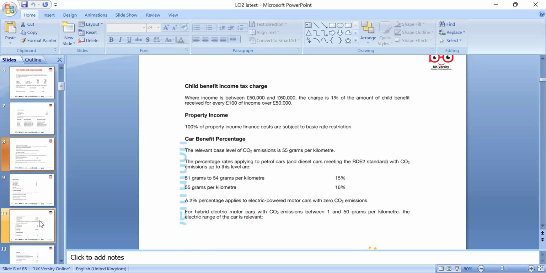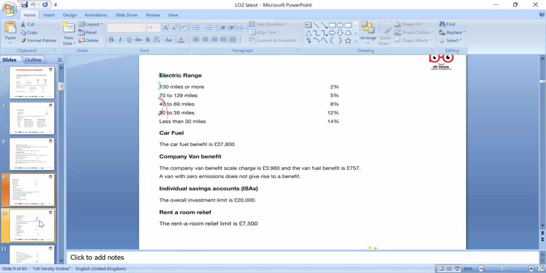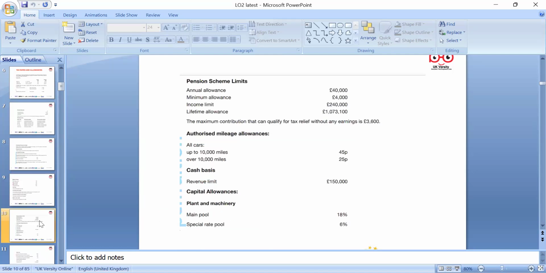Then we look at corporation tax. Car benefit percentage, electric cars, company benefit, the company van benefit scale, which is quite good to know. Individual saving, rental incomes, the authorized mileage, capital allowance.